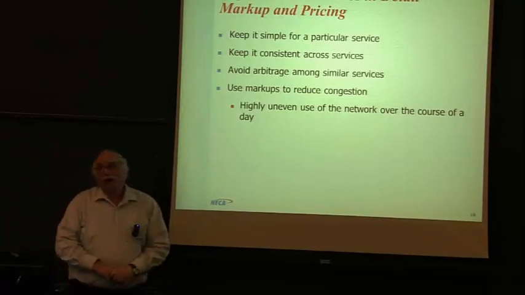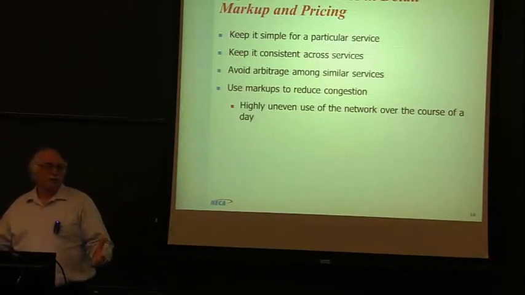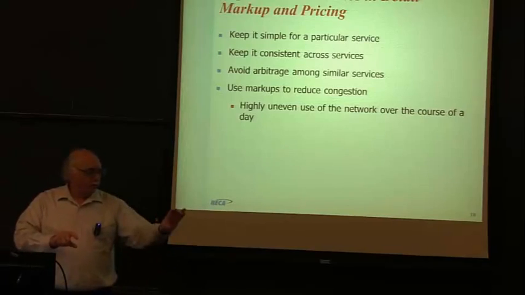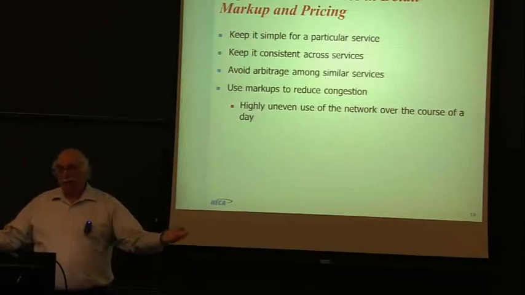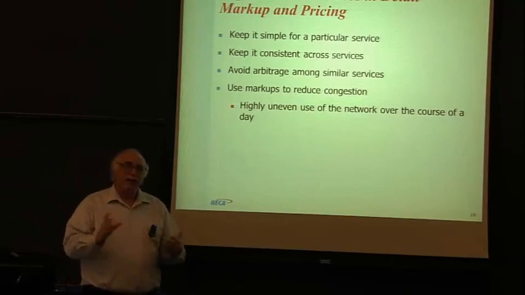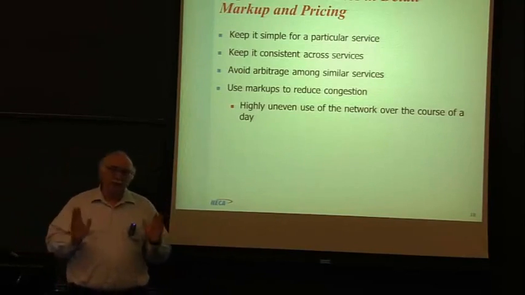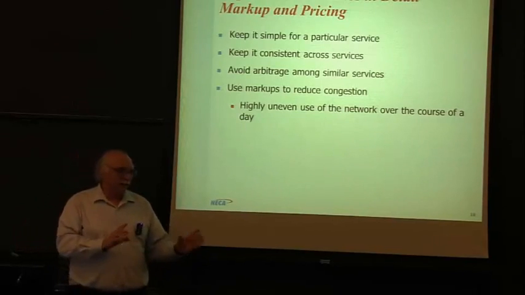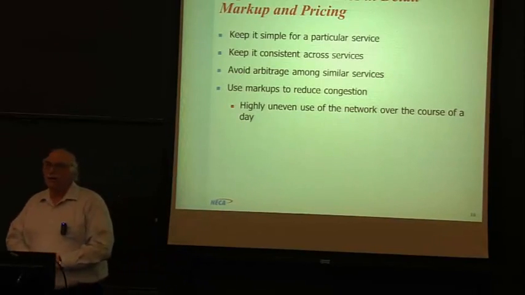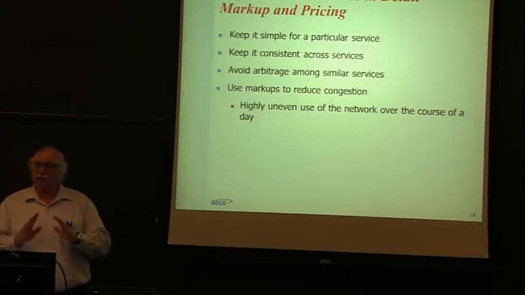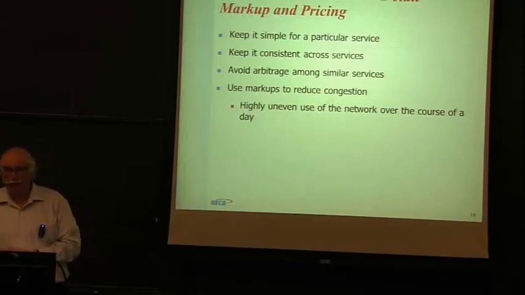You want to avoid arbitrage. You're selling a lot of different services to different types of customers. For example, we talked about DSL. Suppose you're selling a symmetric DSL of 4 megabits. It's a best effort service, but there's a kind of Cadillac service associated which is called DSX services, where you provide very high quality of service.